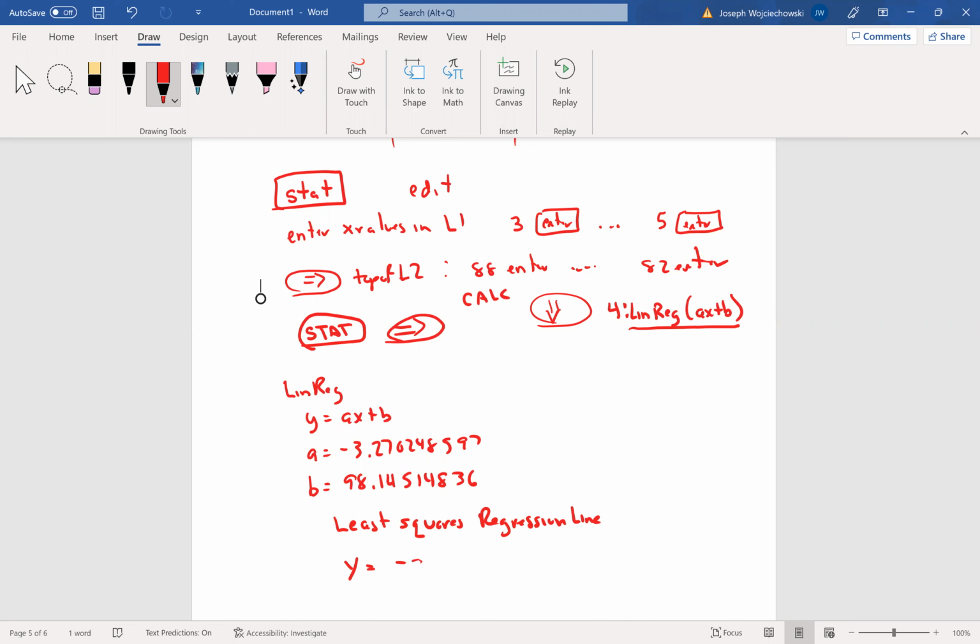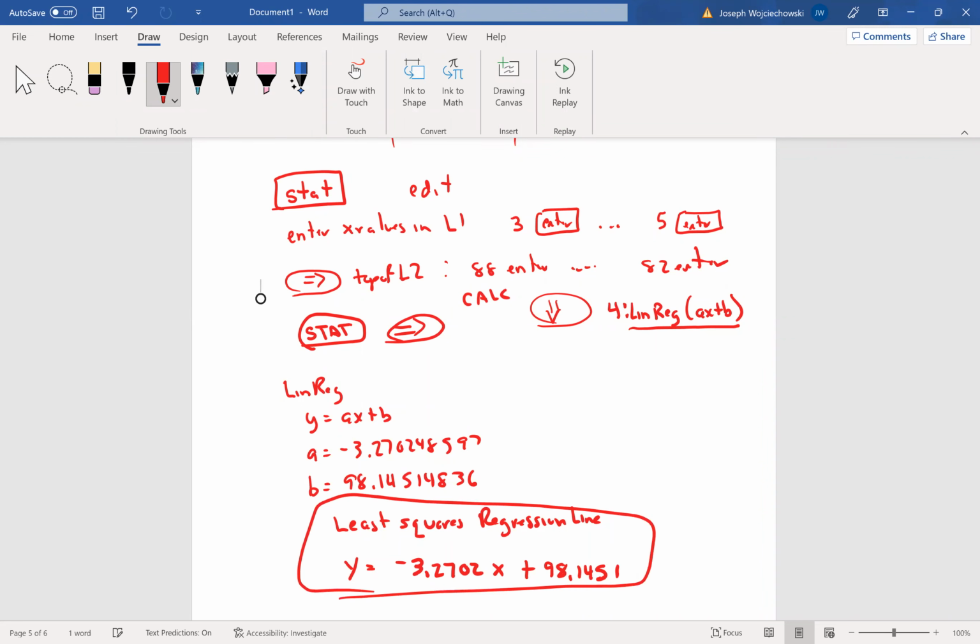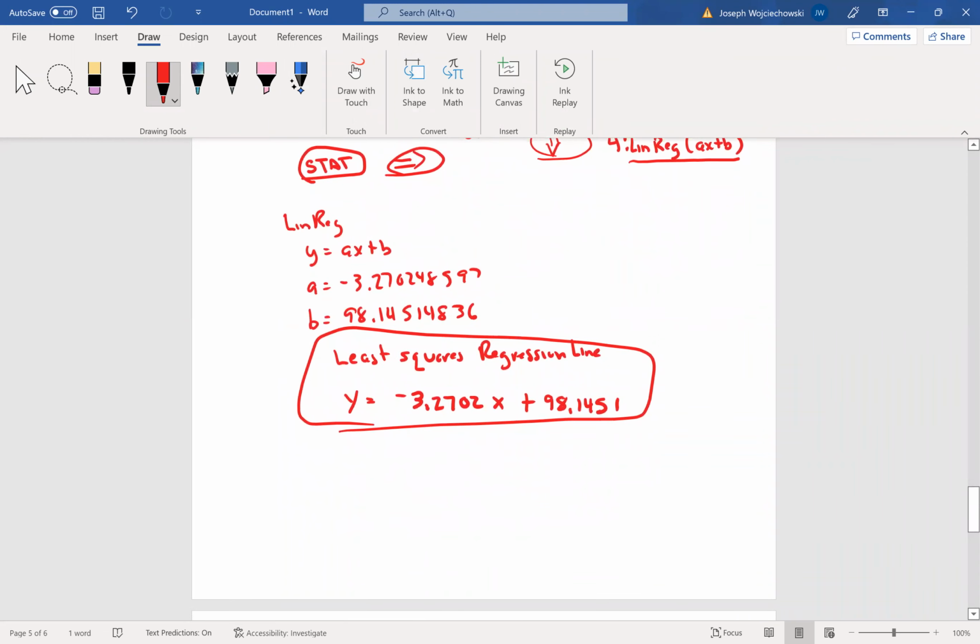So negative 3.2702 times x plus 98.1451. That is my least squares regression line. Or regression line is what it tends to be referred to.